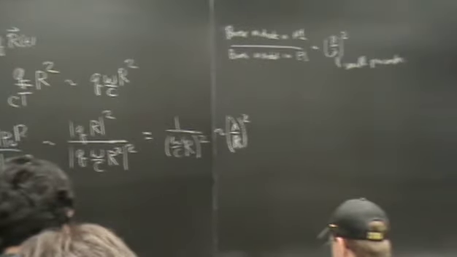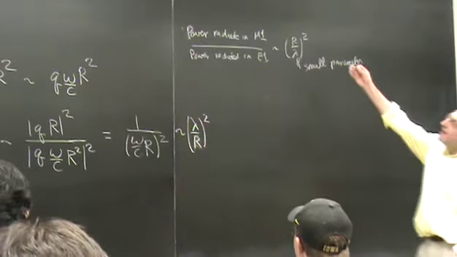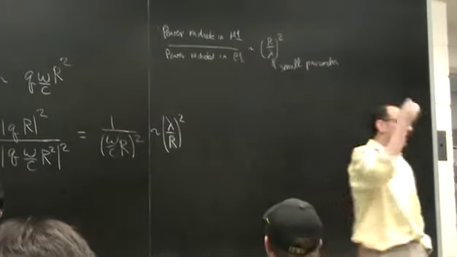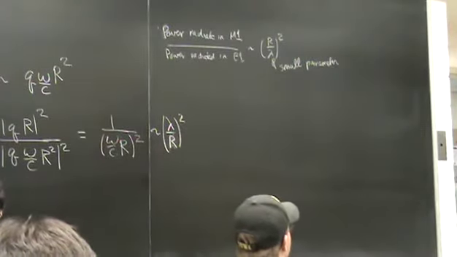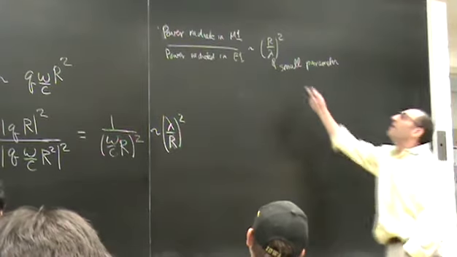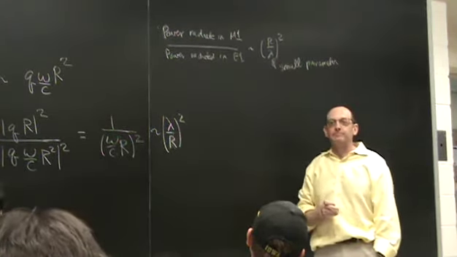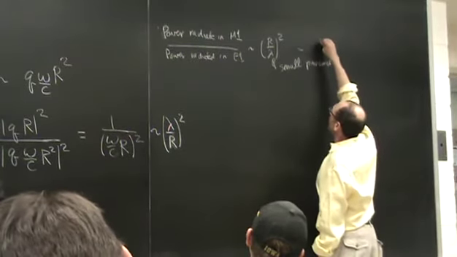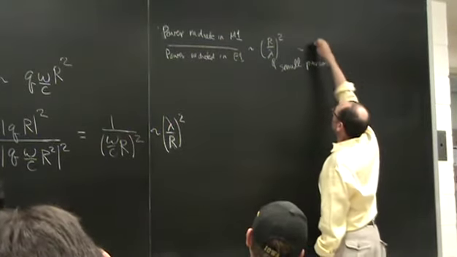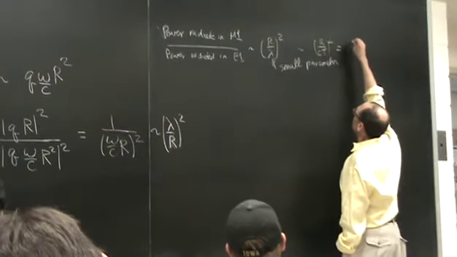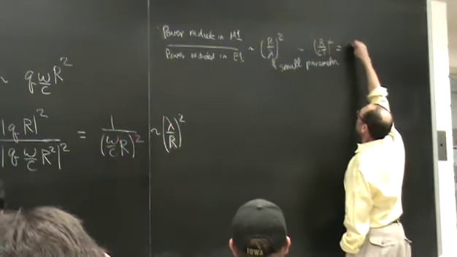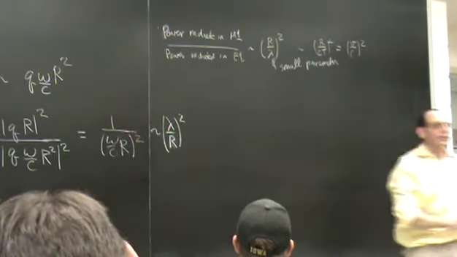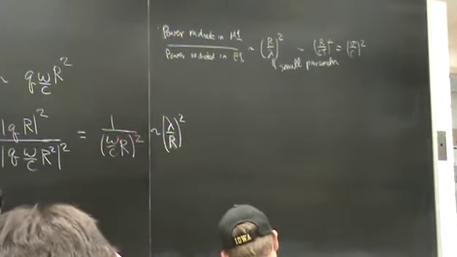In that case, the power radiated in magnetic dipole is down compared to that in electric dipole by the square of the small parameter. Again, this is the same thing as the velocity over C, squared.